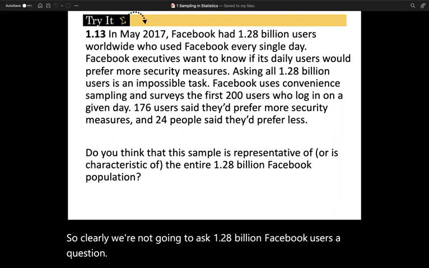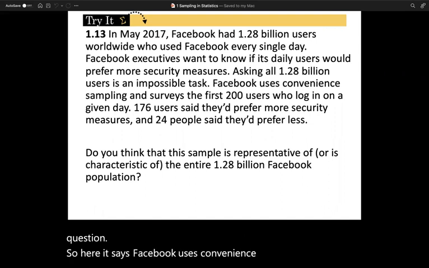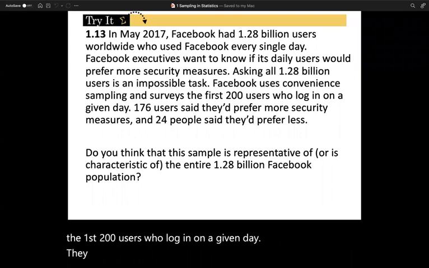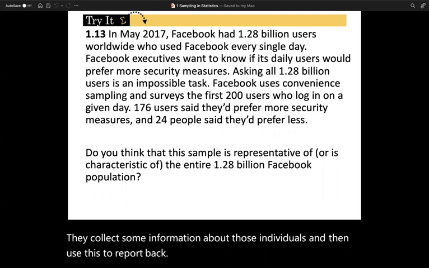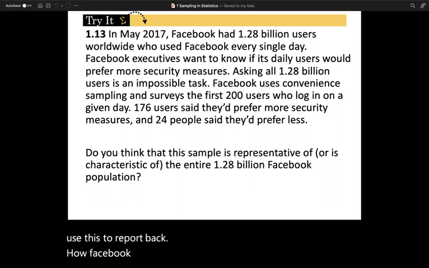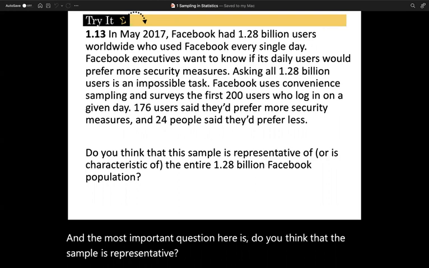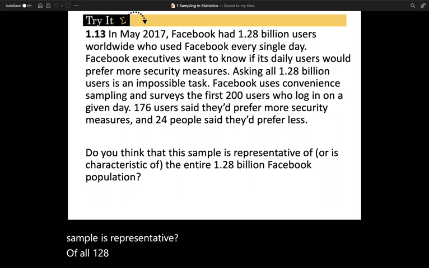So here it says Facebook uses convenience sampling and surveys the first 200 users who log in on a given day. They collect some information about those individuals and then use this to report back how Facebook users feel about security measures. And the most important question here is, do you think that the sample is representative of all 1.28 billion Facebook users?